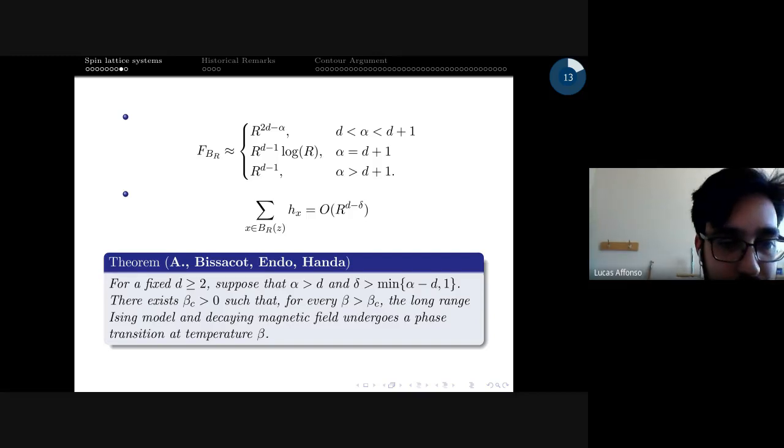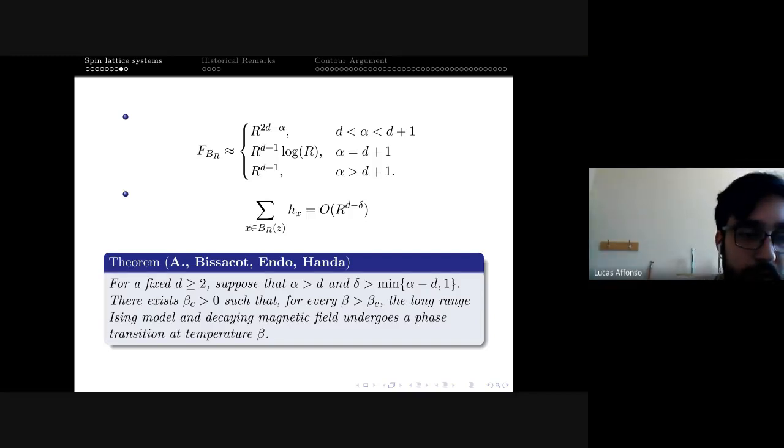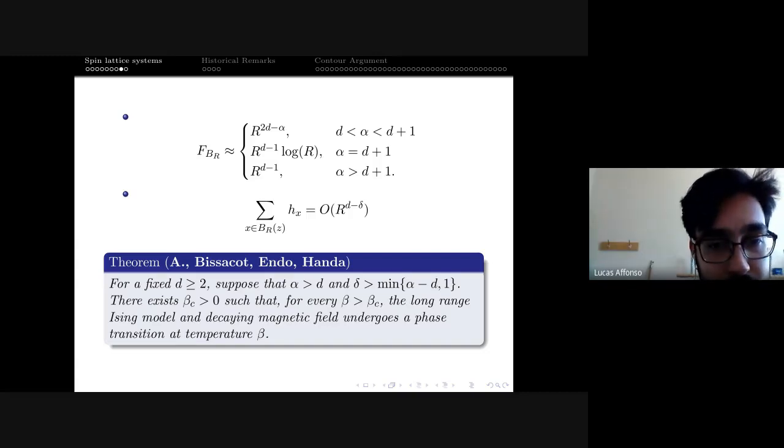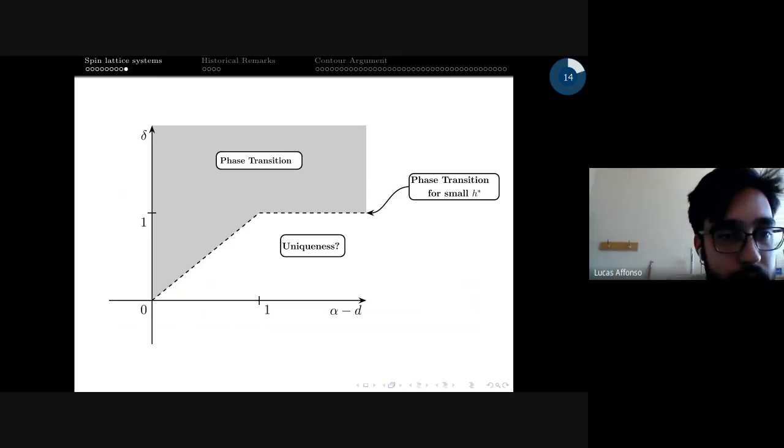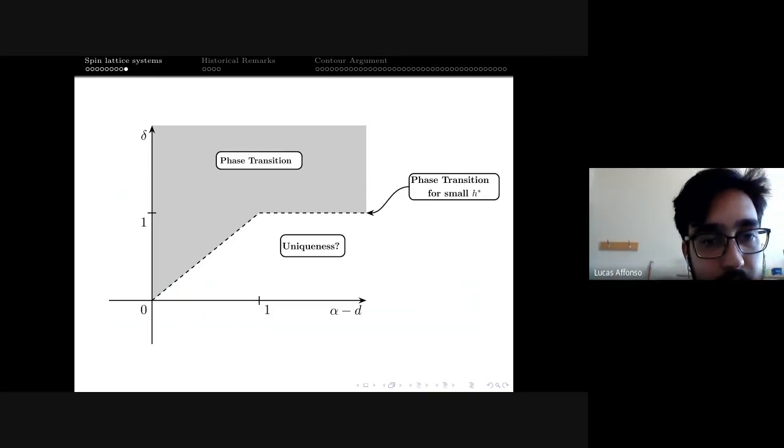That is the theorem that we actually proved, that for a fixed dimension bigger than 2, we should have a phase transition for alpha bigger than d, and for the decaying parameter of the field delta bigger than the minimum between alpha minus d and 1. But I think it's better if we look at a picture, and this is our result about phase transition.